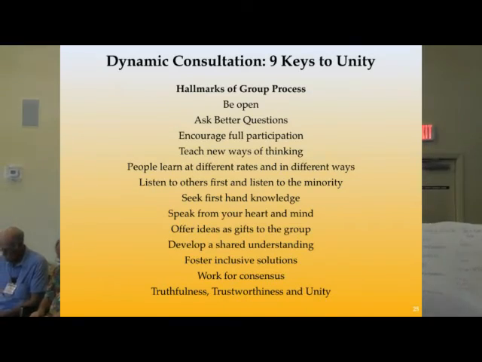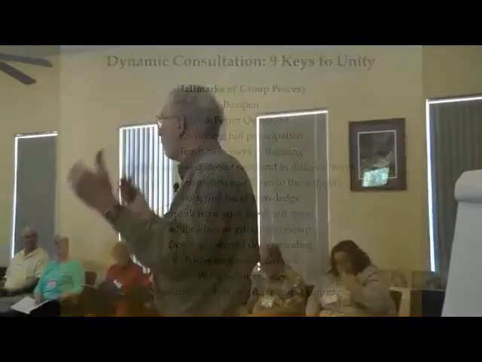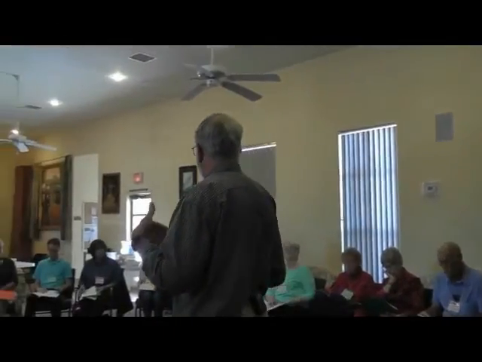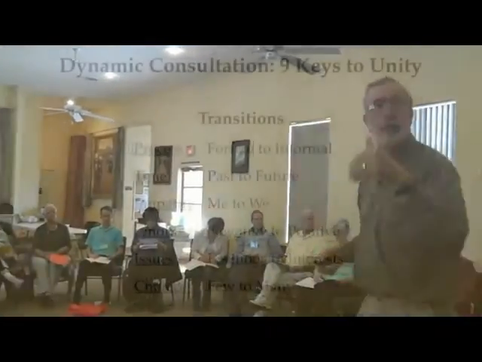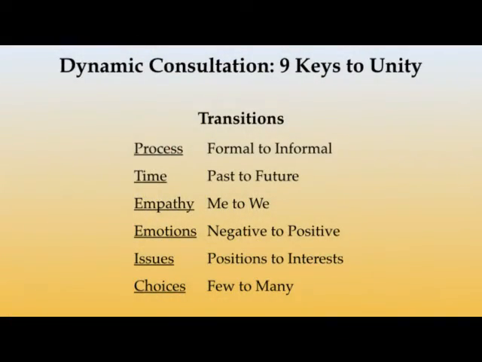If we were to think about this in relation to maybe Robert's Rules of Order or what we're used to in society, this whole process, what we're doing is talking about moving from formal to informal, moving from focusing on the past to focusing on the future, empathy moving from me to we. Yeah, I think I have you and us in there.